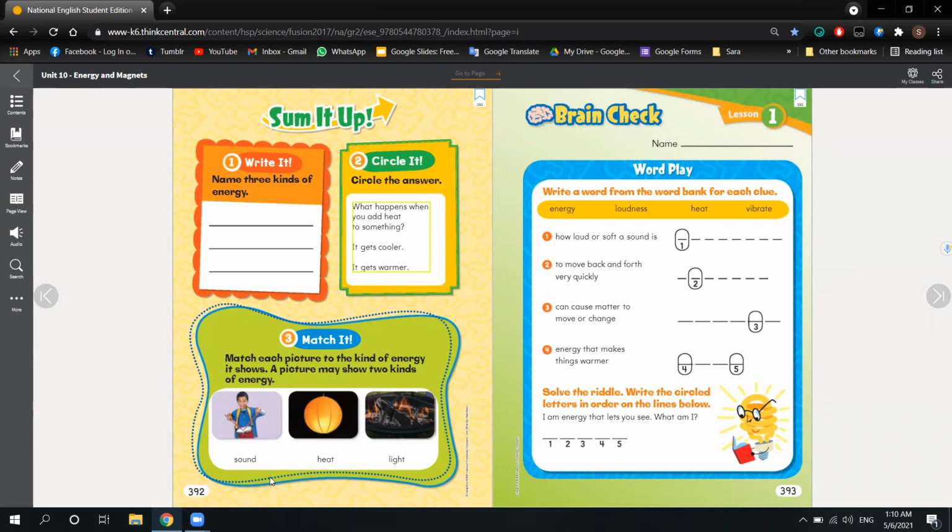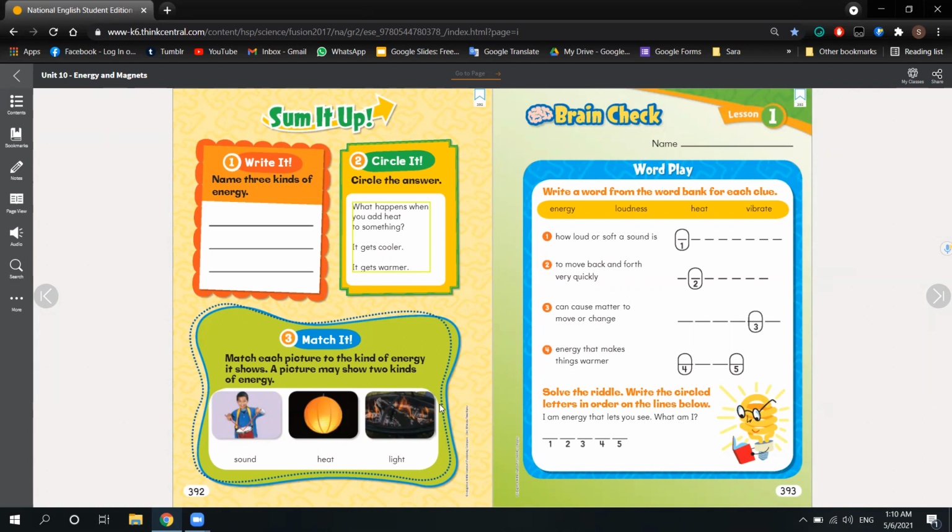Does this picture show sound, heat, or light? What do you think? Okay, a lit lamp shade. What does it show? And here we have a fire that is burning wood. What do you think? Pay attention carefully to this question, okay?